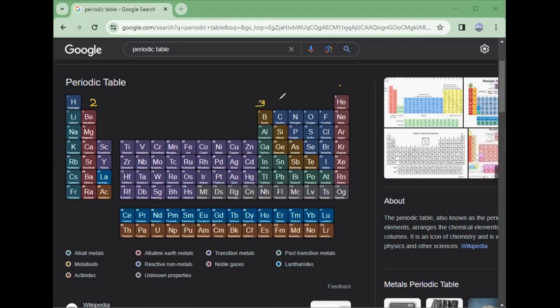This is group number 3, 4, 5, 6, 7, and 8. So this vertical column is group 2. This vertical column is group 1. This is group number 3. This is group number 4, top to bottom, like this. Vertical columns are called groups.